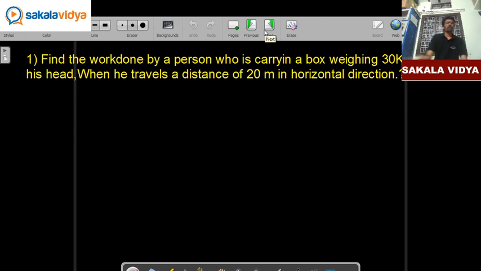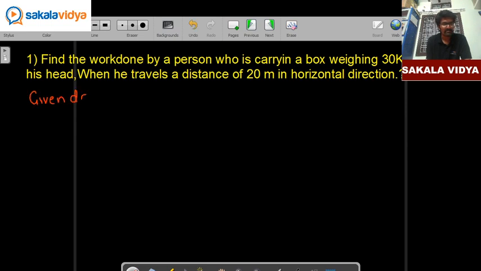Find the work done by a person who is carrying a box weighing 30 kgs over his head when he travels a distance of 20 meters in horizontal direction. So my dear students, first let us write the given data.